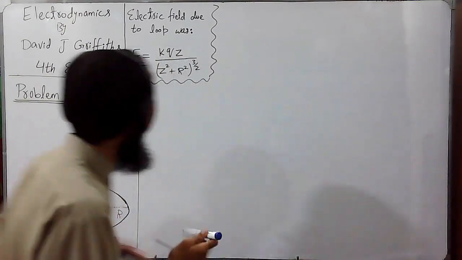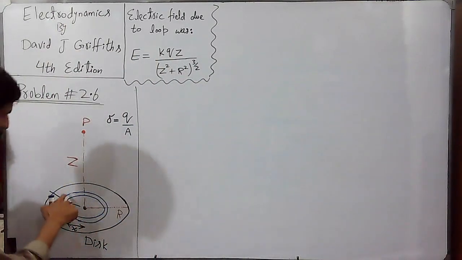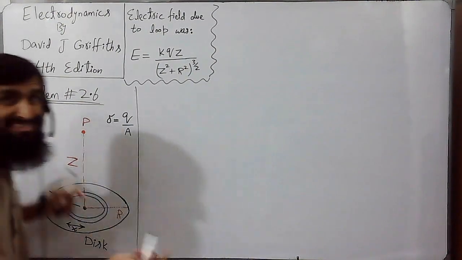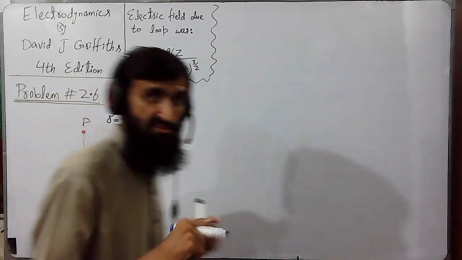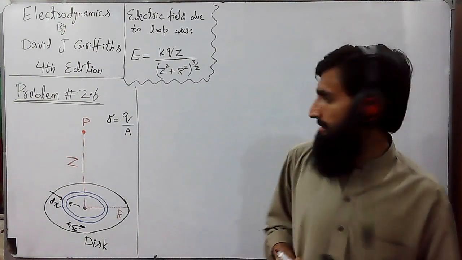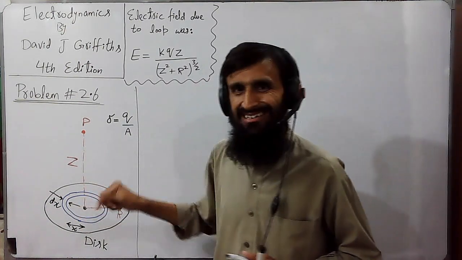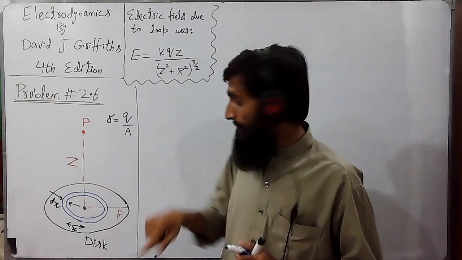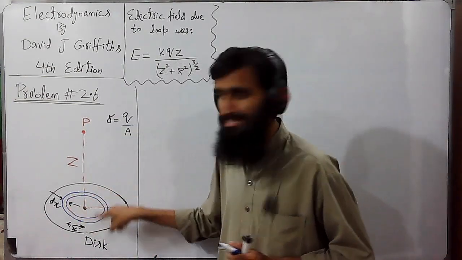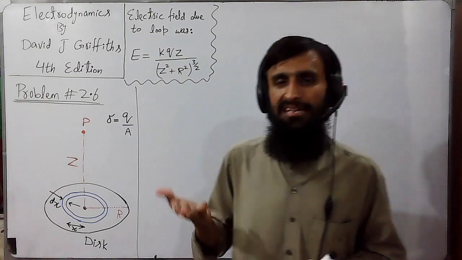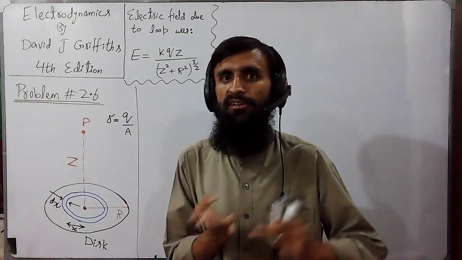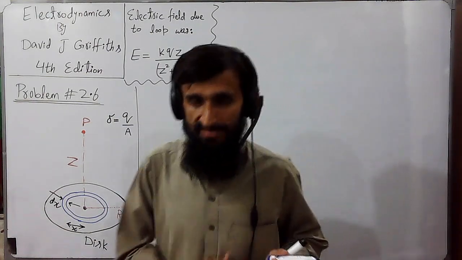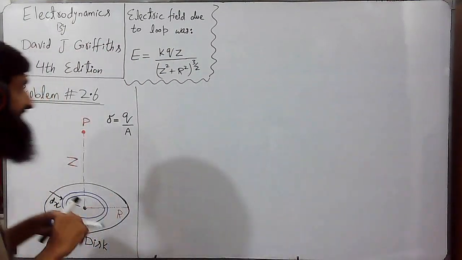The electric field due to this loop will be named as dE, because the electric field produced by this loop is actually the elementary electric field, the electric field due to a charge element.